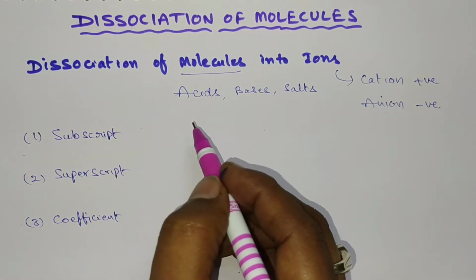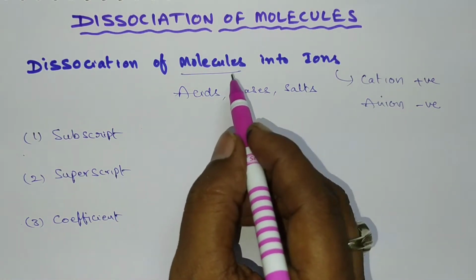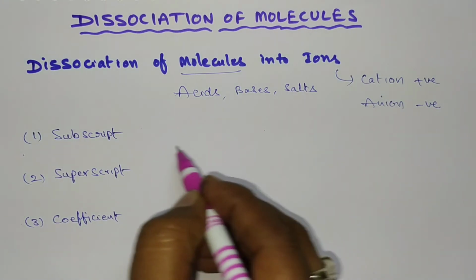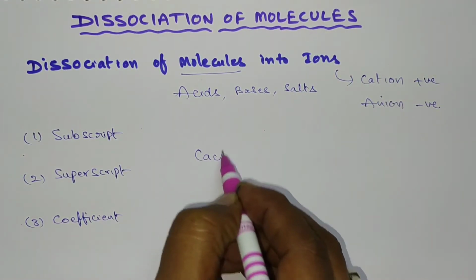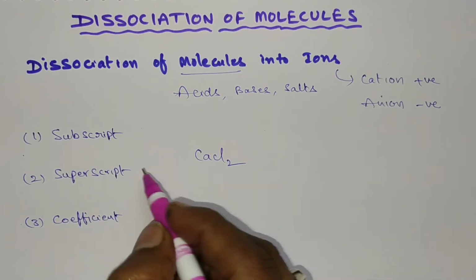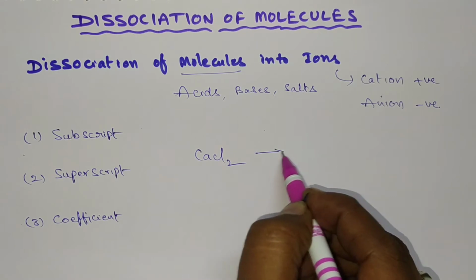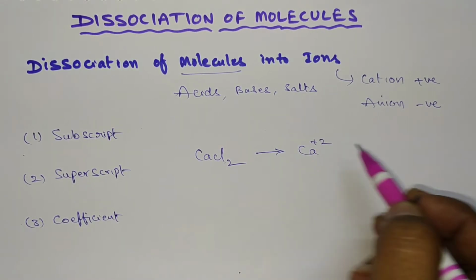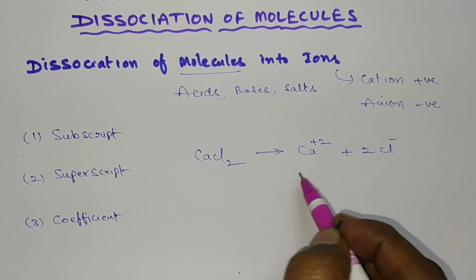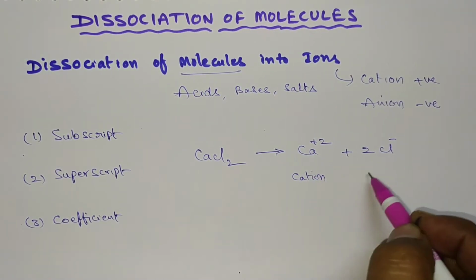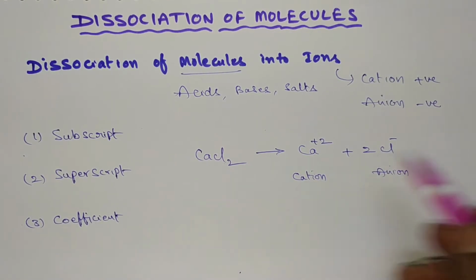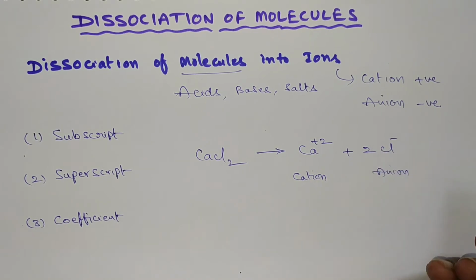Generally we consider the molecules and these molecules will dissociate to form certain ions. Let us consider a molecule calcium chloride in order to explain these three terms. Calcium chloride dissociates to form Ca plus 2 cation and 2 Cl minus ions, those are anions. So, this is cation and this is anion. Let us see how the dissociation takes place later.